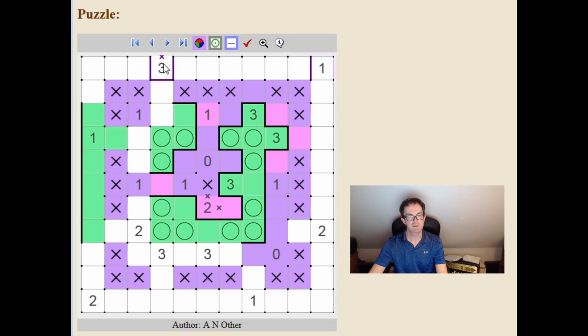But then the problem with this is green, and this is not green, and we've got a problem now because we've got a checkerboard pattern where that dot on the grid will be touched by 2 parts of the loop, this part and this part. So this is not a possible arrangement, which means that this square must be green. So let's fill that in and think about what that might mean.